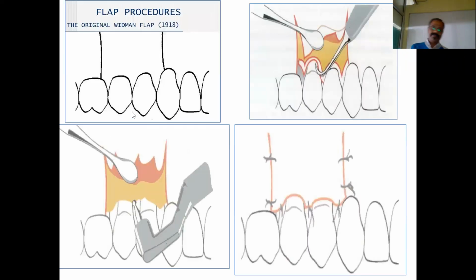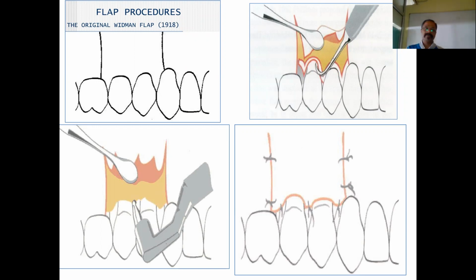The first step is obviously, before any periodontal surgical procedure, you are going to give some sort of local anesthesia, just like your gingivectomy procedures. So you are going to give a local infiltration or a regional block, depending on the extent of the surgery.